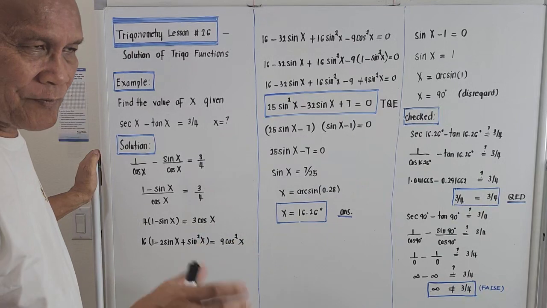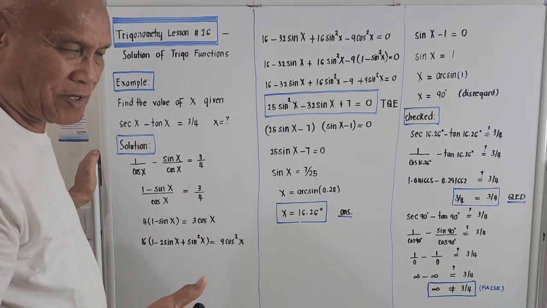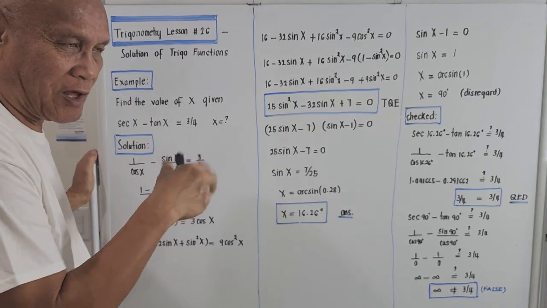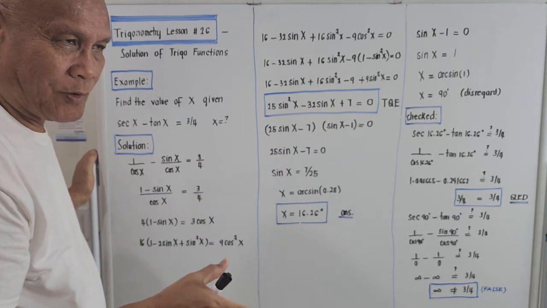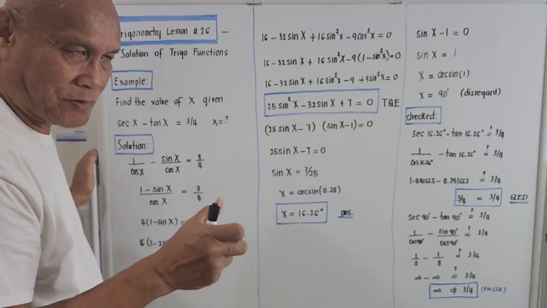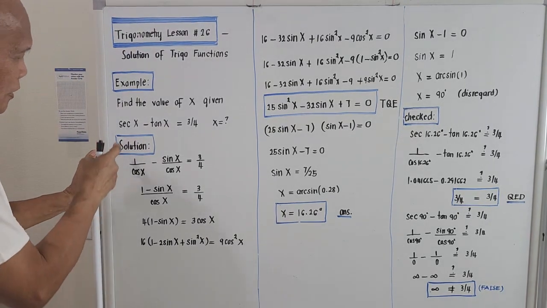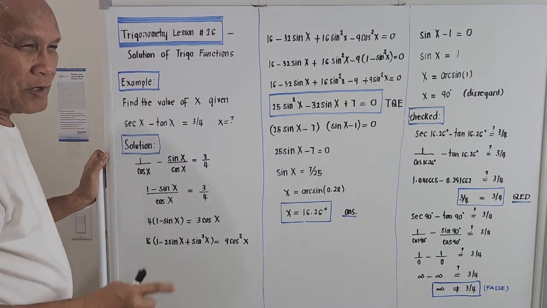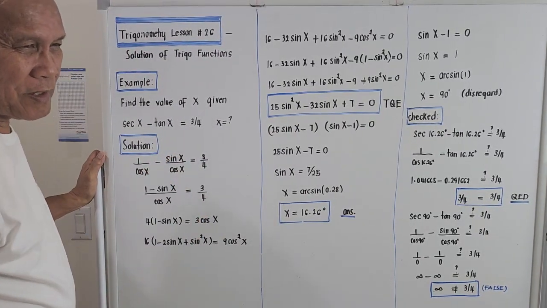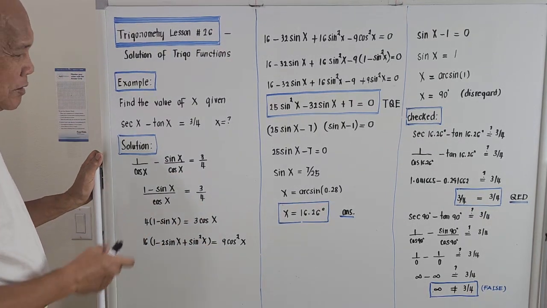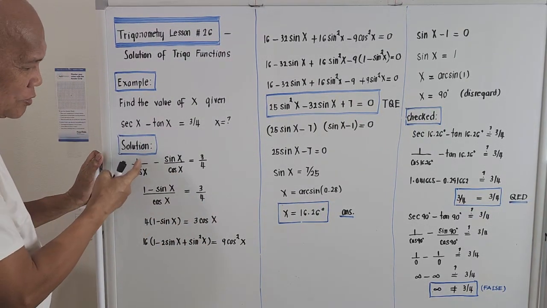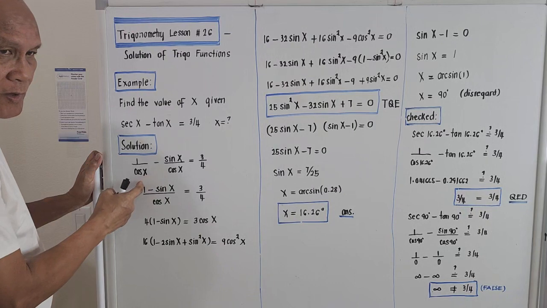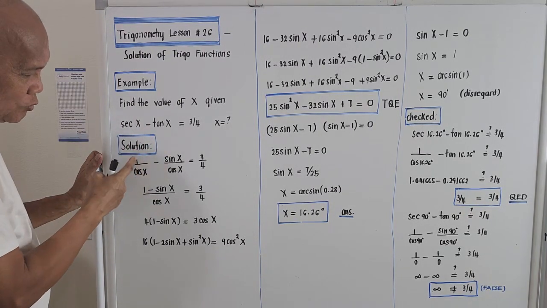So if we are given other functions other than sine and cosine, I think it's better to replace those functions with their equivalents in terms of sine and cosine, because we are familiar with the relationship of sine and cosine. So if I will try to bring out the equivalent of secant, just think of what's the reciprocal of secant? The reciprocal of secant is actually cosine. So instead of writing secant of x, I will place 1 over cosine of x. Secant and cosine are reciprocals. So secant of x can be written as 1 over cosine of x.